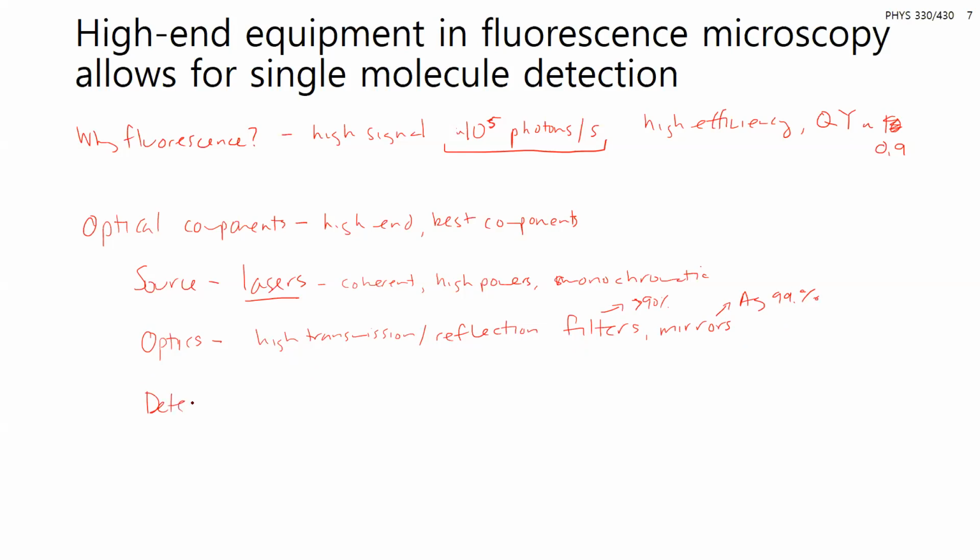And then the detectors that are used, if you're doing 1D detection, it would be an avalanche photodiode or photomultiplier tube. This is more historic. Or for a 2D detector, you're going to be using an electron multiplying CCD, or what they call now scientific CMOSs. This is what the S stands for, where scientific just means that it's a high-end one that has like 95% quantum efficiency.